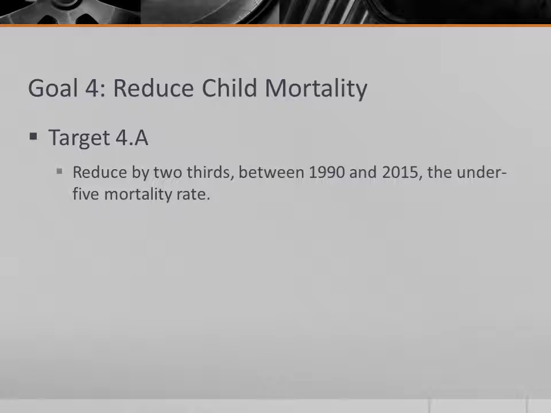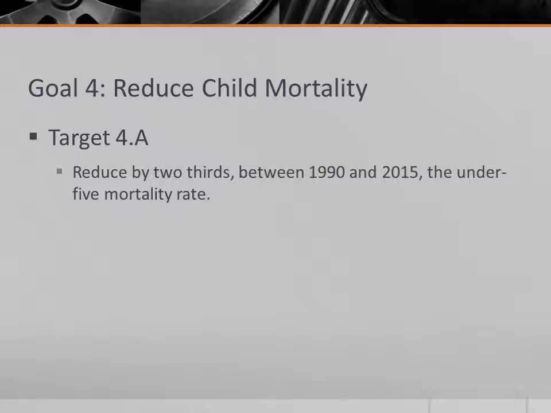And those numbers fell. Under 5 mortality fell from 90 deaths per 1,000 in 1990 to 43 deaths per 1,000 by 2015. However, children in rural areas are still 1.7 times more likely to die before their 5th birthday than children living in urban areas.